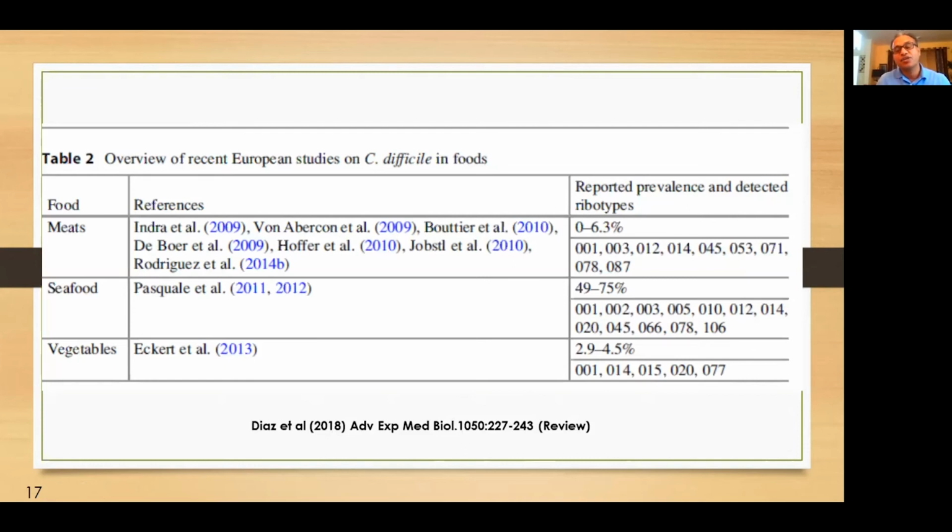And we can find from 0% to up to 75%, and all kinds of ribotypes are there. These are also clinically common ribotypes in human. And these are also available in various food items. So this can be a big source of infection.